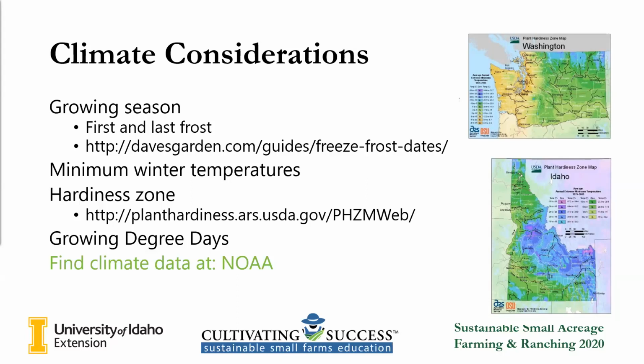Considered the standard measure of plant hardiness, the USDA plant hardiness zone map is based on the average annual minimum winter temperatures. So it helps determine what can survive in your climate. It's a very general overview, but in Driggs, we're anywhere from zone 3B to 4B.